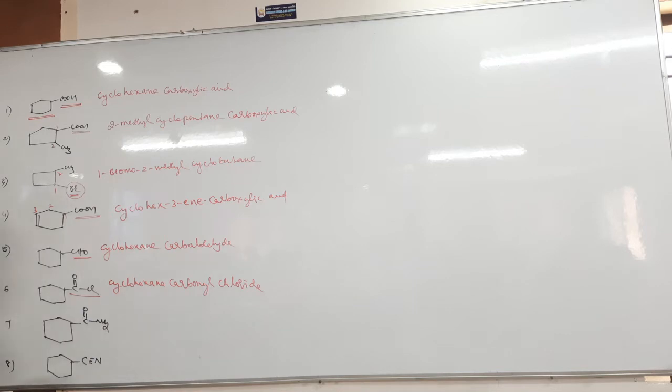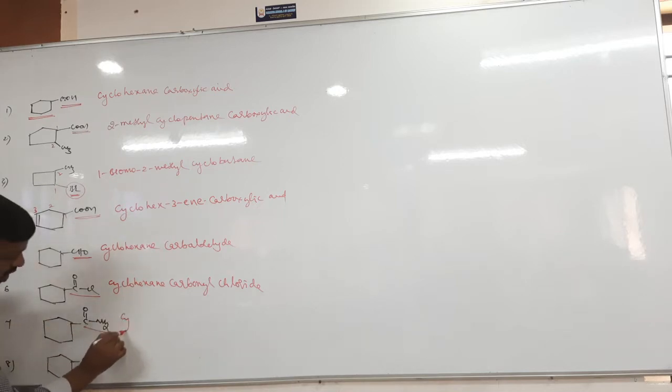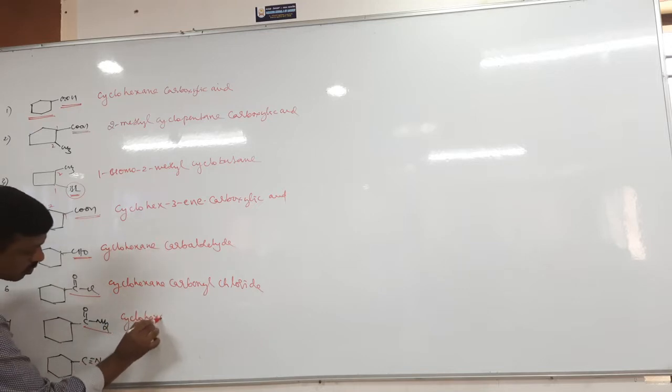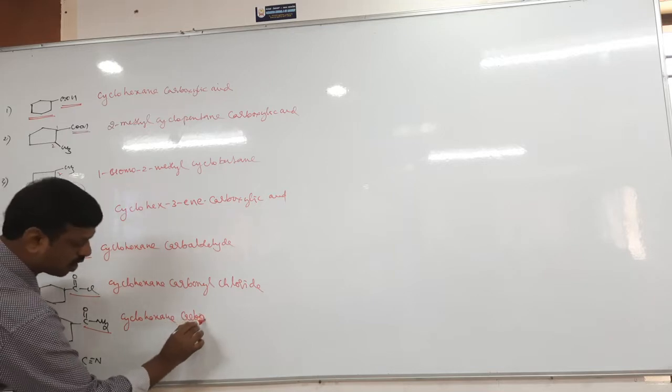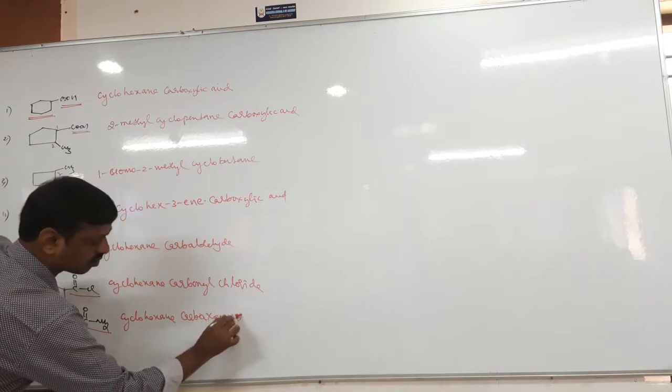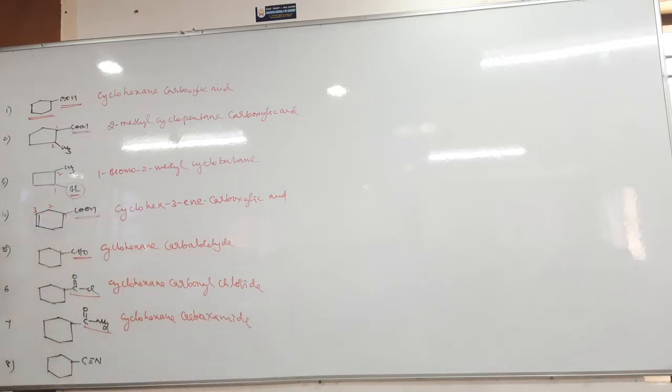Next, it is an amide. When an amide group is attached to the cyclic ring, it is called carboxamide. Which carboxamide? Cyclohexane carboxamide. Next, it is a cyanide.